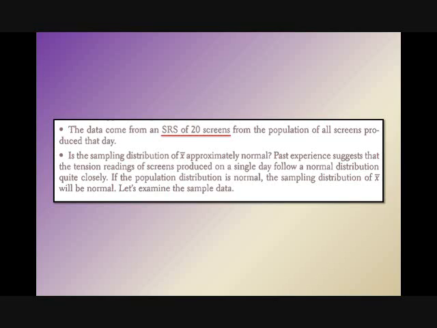We know this because the data came from an SRS of 20 screens from the population of all screens produced that day. We know that x bar is approximately normal because past experience suggests that the tension readings of screens produced on a single day follow a normal distribution quite closely. If the population distribution is normal, the sampling distribution of x bar will be normal.